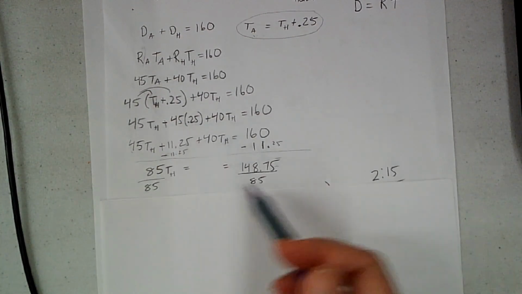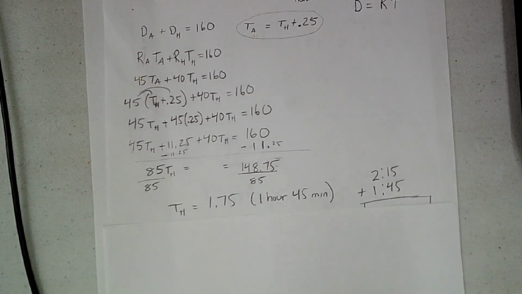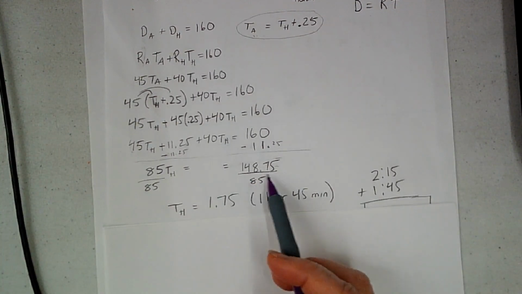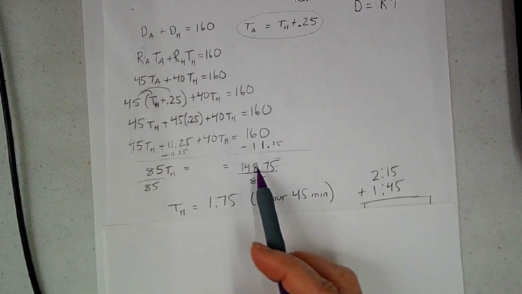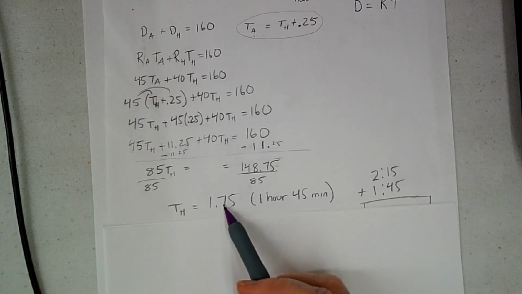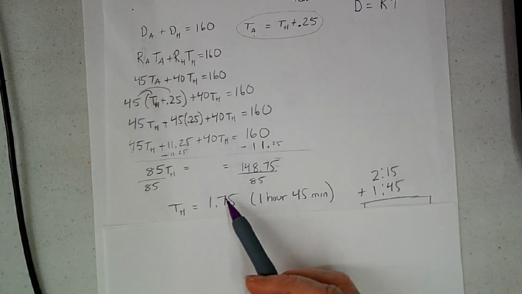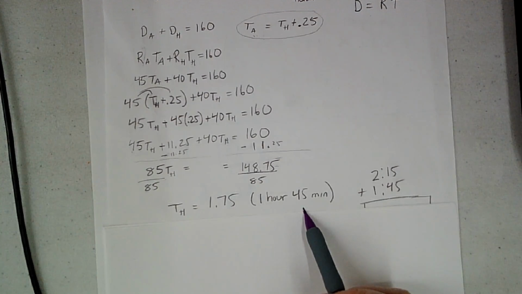And I divided both sides by 85 to get the T sub H by itself. And that gives me, I put that in the calculator, and it actually just came out to a nice clean 1.75. And at first I was confused, but then I remembered that's 1.75 hours. And that's like 1 3/4 hours. So that's 1 hour 45 minutes.